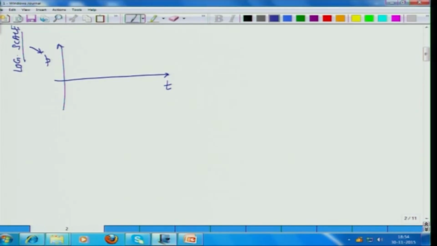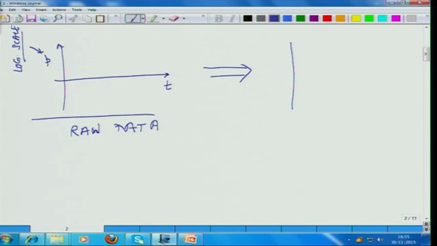Now this is typically our raw data. When I take a microphone and do a measurement, what I essentially measure is pressure as a function of time. But a lot of times I transform this raw data into a different type of plot. Again I am plotting pressure on a log scale, but instead of time I plot frequency.